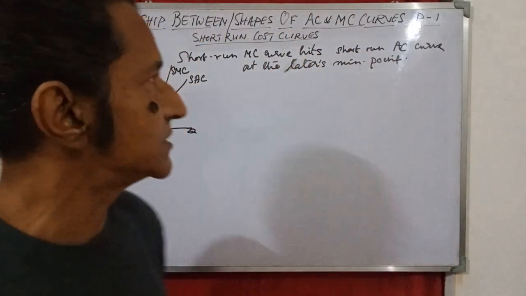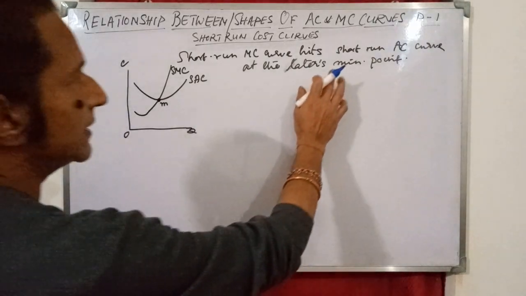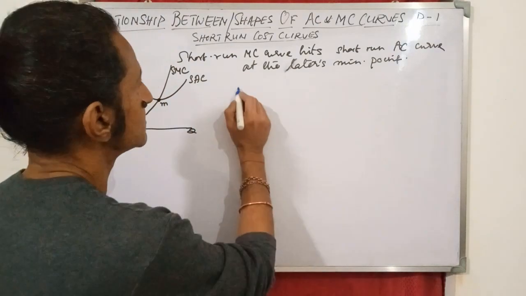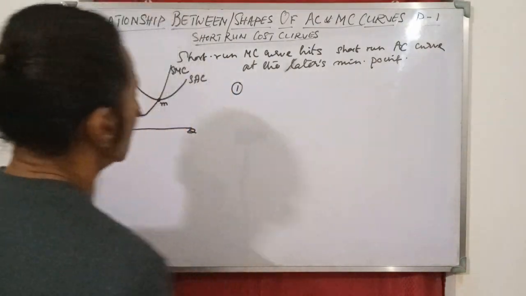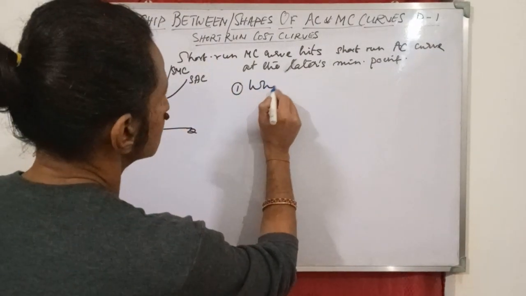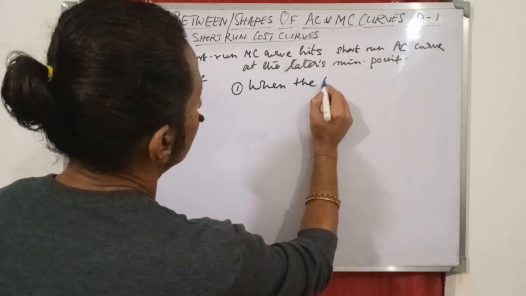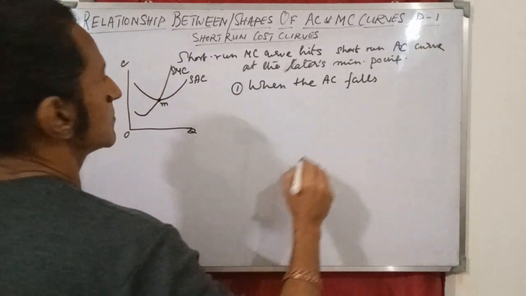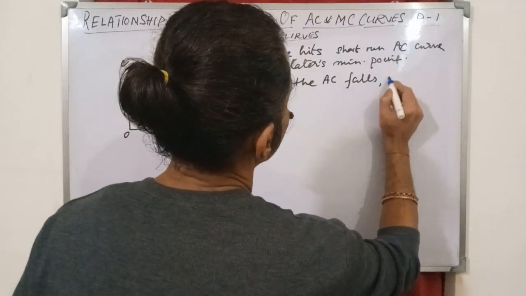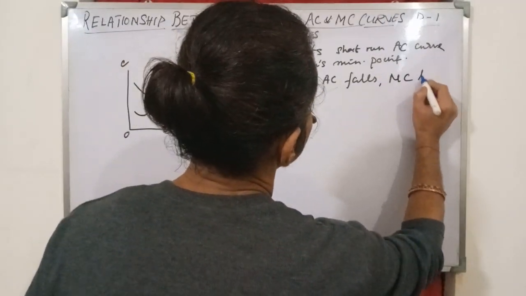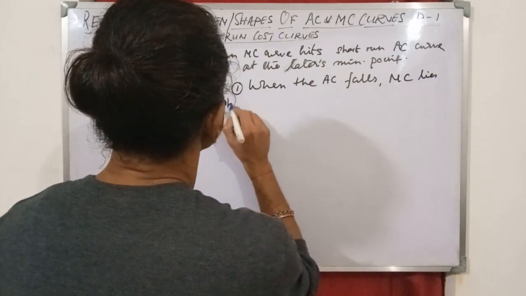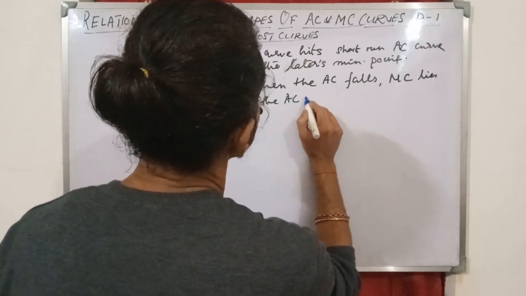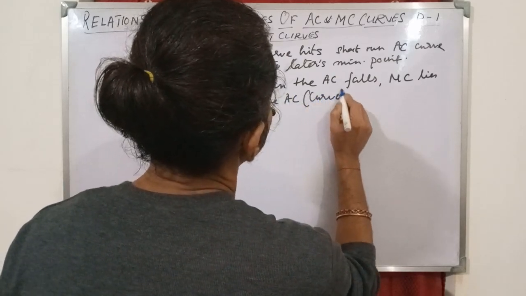Now this postulation leads us to two hypotheses. Number one, when the average cost falls, marginal cost lies below the average cost curve.